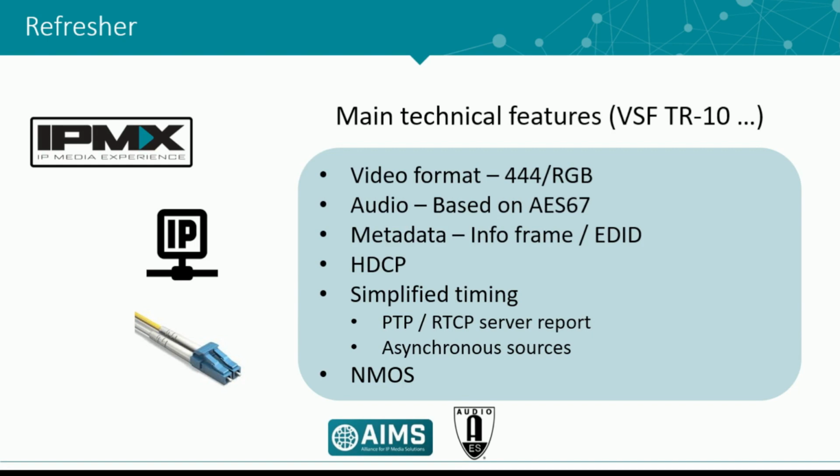Audio remains based on AES67. Another thing that was added was the metadata. In order to deal with HDMI signals, HDMI is a consumer electronics type of connection. And you're all familiar with connecting an HDMI source to an HDMI display. There's some magic that happens, and they negotiate something with each other, and something appears on screen.